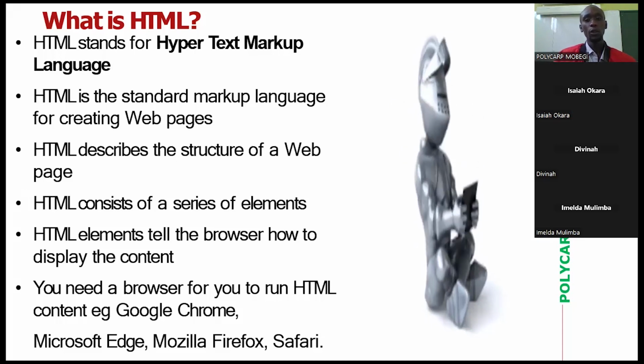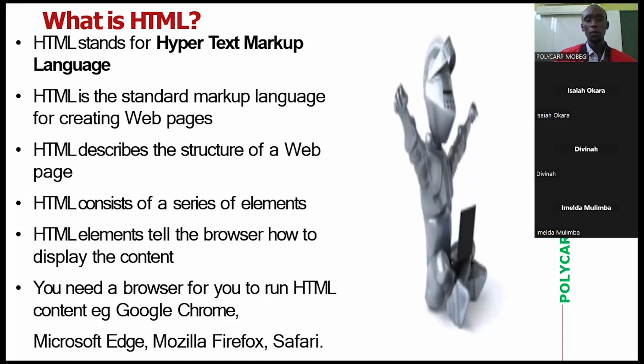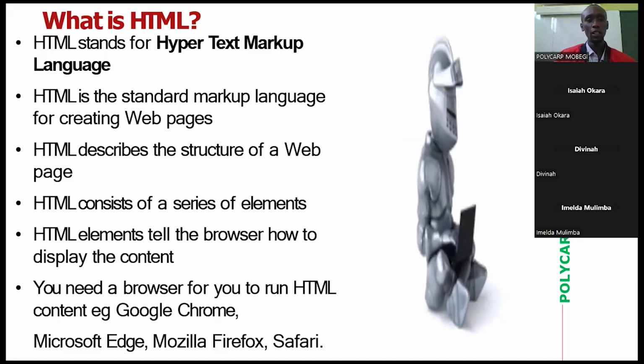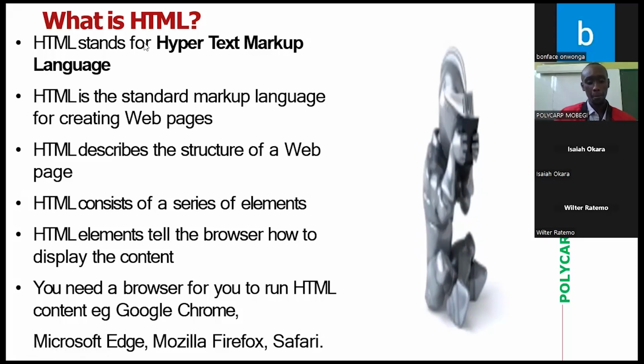When you talk of browsers, I want you to give me some of the common browsers that you know. What do you normally use as your browser? Brave. Brave browser. Thank you. Another? Let me also give a try. Yeah, we have Google Chrome. Thank you.